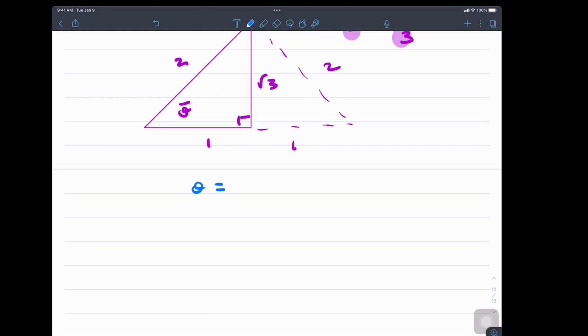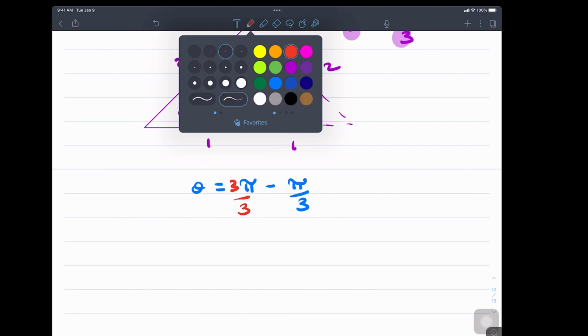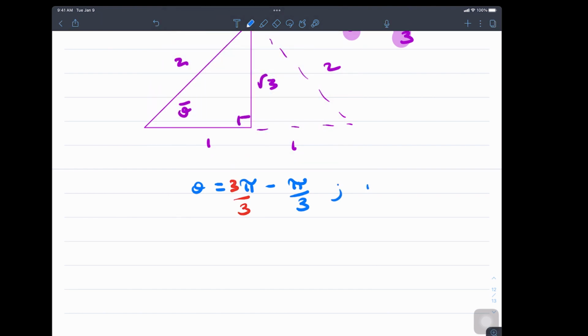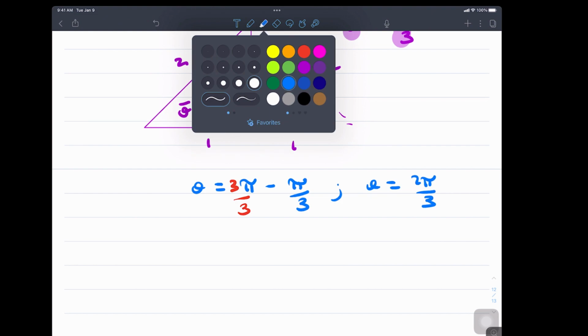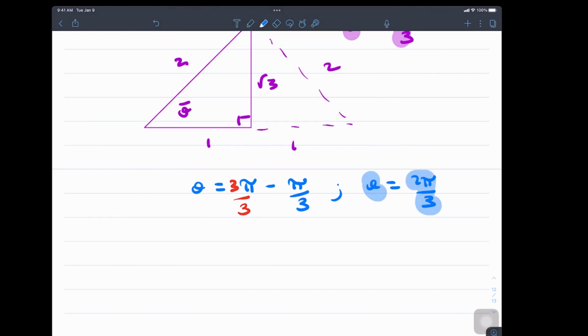It is pi minus the reference of pi over what? 3. And then at this point, what do you guys do? 3 over 3, which means we have 2 pi over what? 3. This here, ladies and gentlemen, is your answer. This is what theta is. This is what we're looking for. Okay? So that's how you would use that.